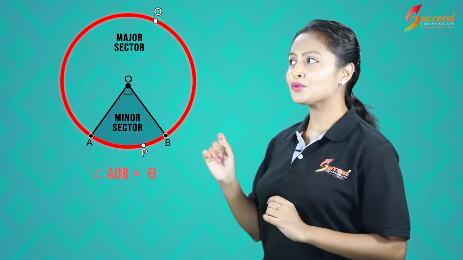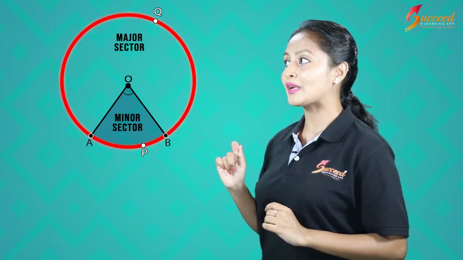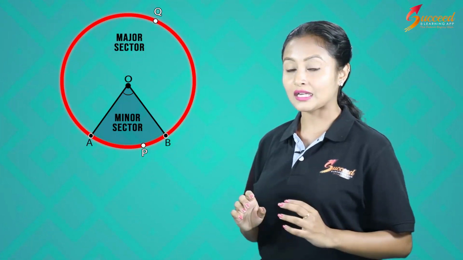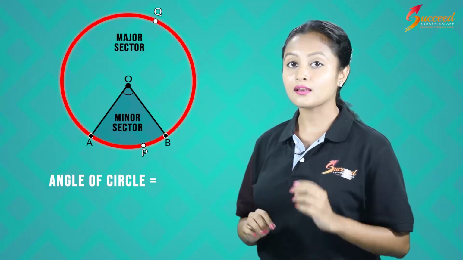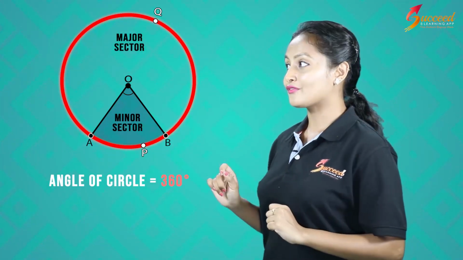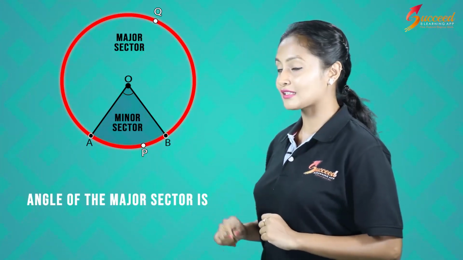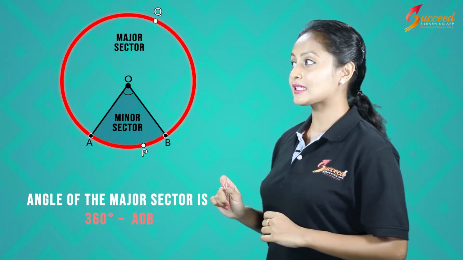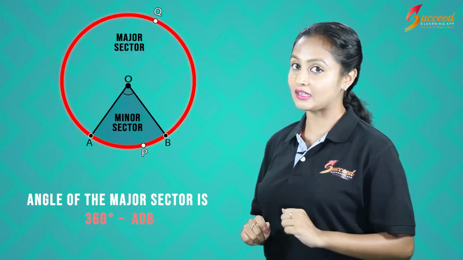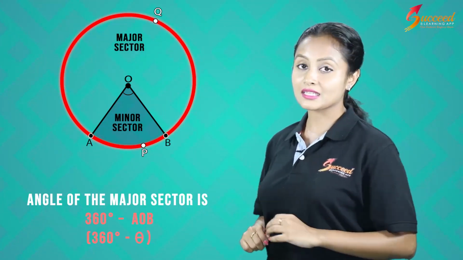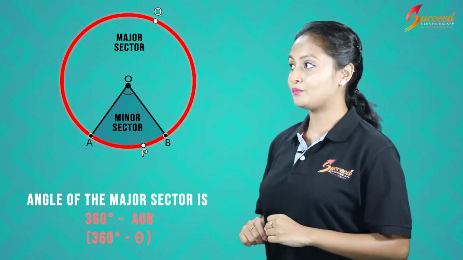Now, how do we calculate the angle of major sector? We know that an angle of a circle at its center point is 360 degree. Therefore, angle of major sector is equal to 360 degree minus angle of AOB, which is theta. That is 360 degrees minus theta.